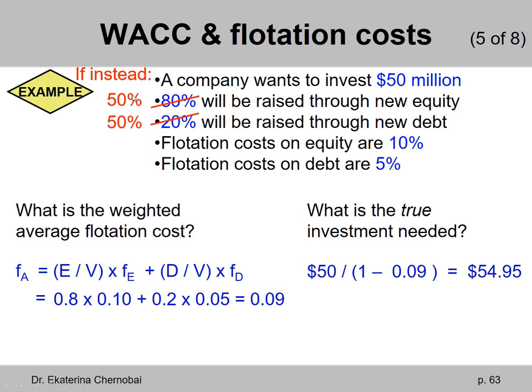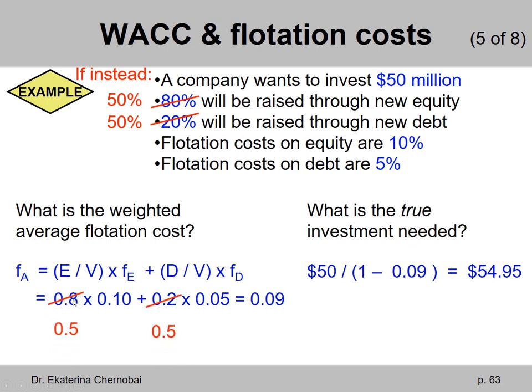What if instead the proportions of money coming from new equity and new debt were not 80% and 20%, but equal proportions, 50% and 50%? Which part of our calculations for the two questions would be updated? Well, the weights come up in the calculation of the weighted average flotation cost.